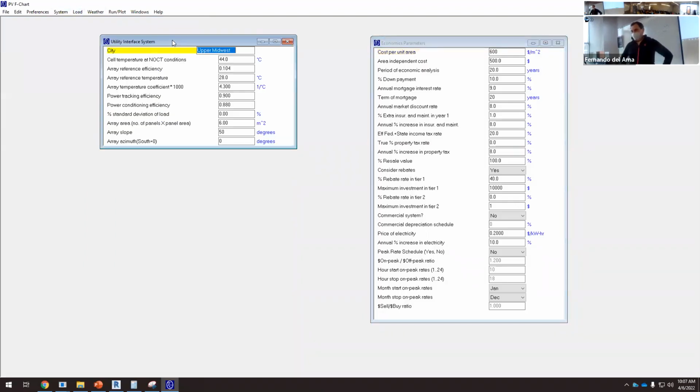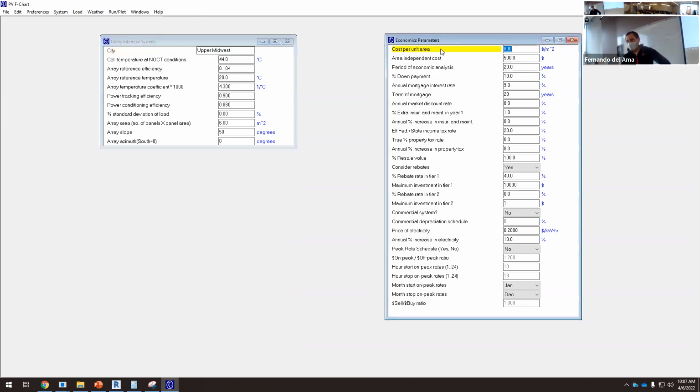So here in F chart, at the beginning we always have two windows. We have something about the system and something about the economic parameters. That's very good if we really know something about economics, because it gives us an idea whether the investment is worthy or not.